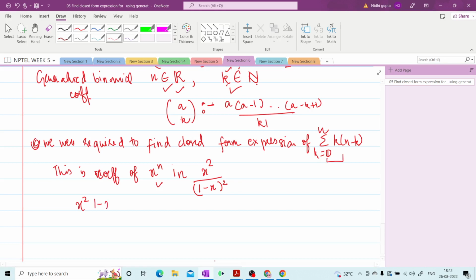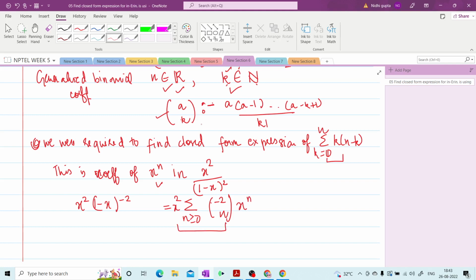The x squared stays outside, and this is (1 minus x) to the power minus 2, which is basically minus 2 choose n times x^n.